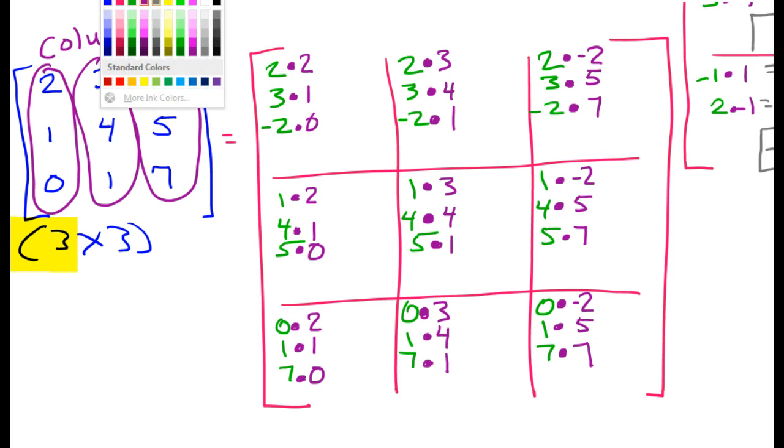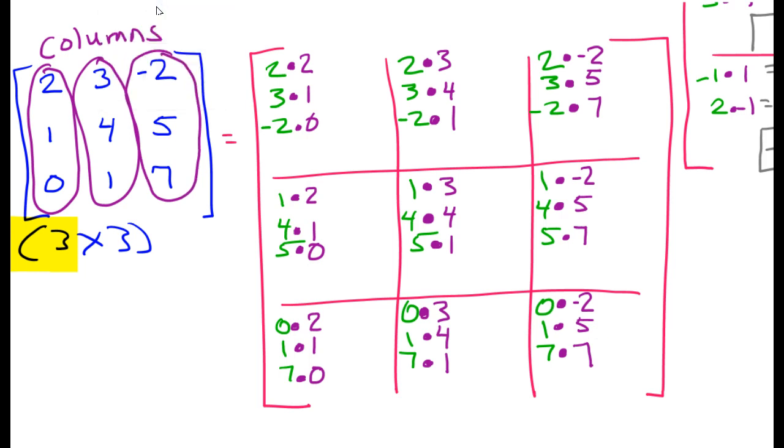Okay, so now I will go back and do the multiplication that I have indicated. So this is going to be 4 and 3 and 0. Add them up, and that's 7. This will be 6 and 12 and negative 2.